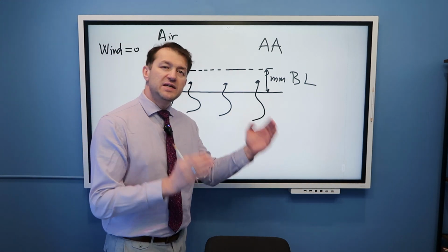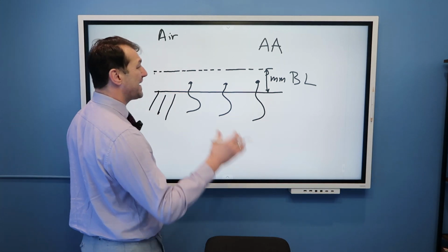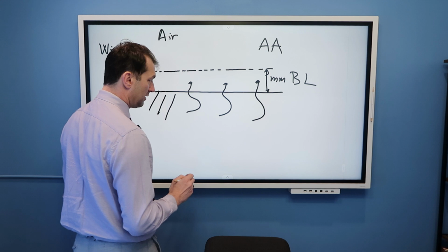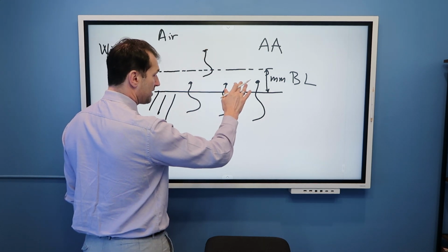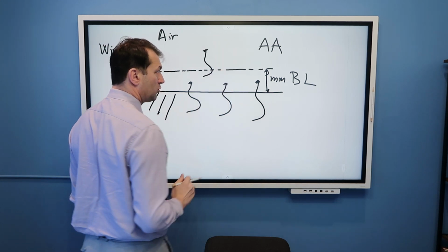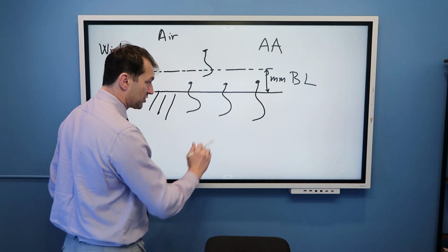Now, from my video on conduction, we discussed in great detail that air is very inefficient at conducting heat, which means the heat from the boundary layer is inefficiently conducted to the ambient atmosphere through this process of conduction.